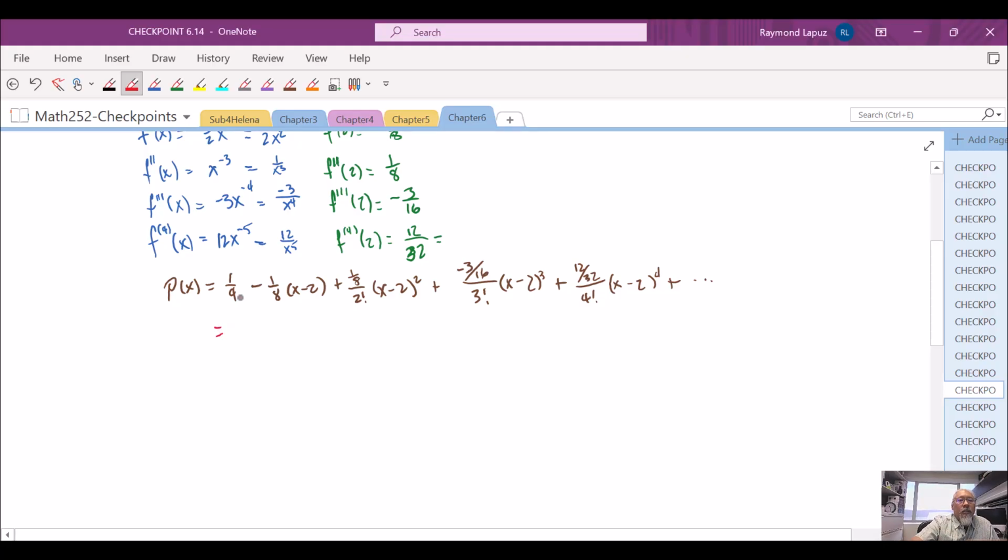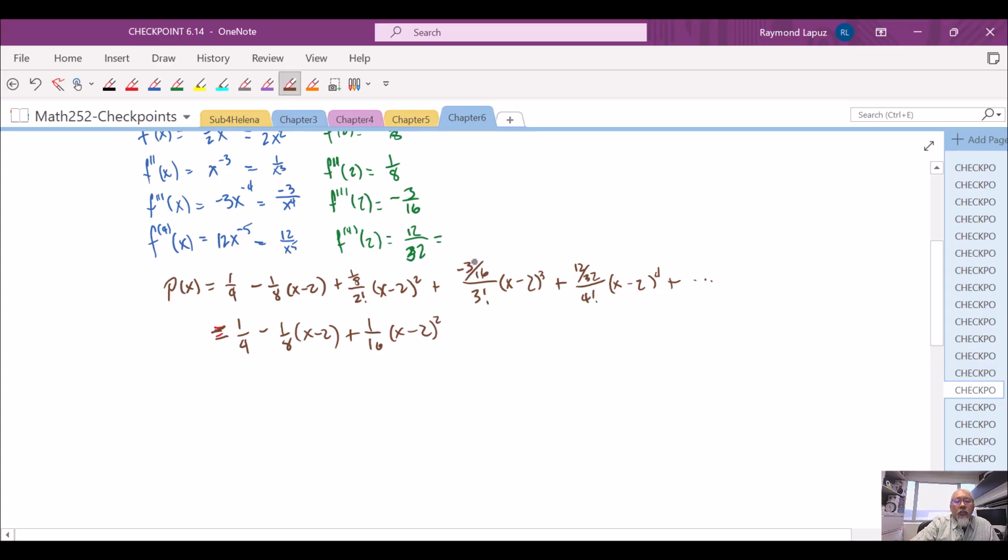We're going to get 1/4 minus 1/8 times x minus 2, and this I believe is going to be positive 1 over 16 times x minus 2 quantity squared.